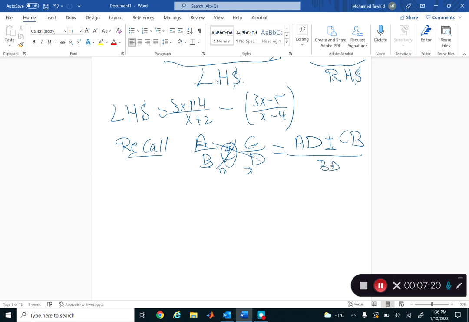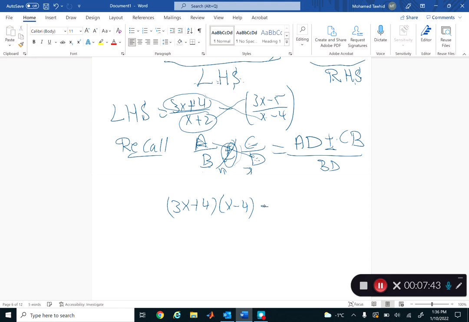So start from the left, AD, then write the sign, and then do the cross. Here I do the same. Look what you have: it's a fraction, so I have to cross. You have 3x plus 4 multiplied by x minus 4.